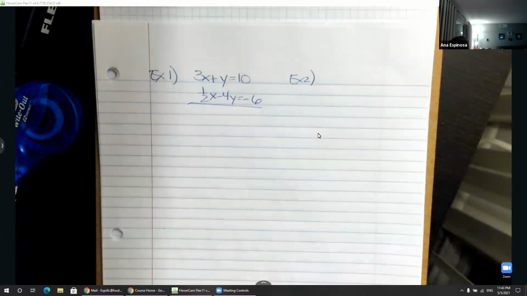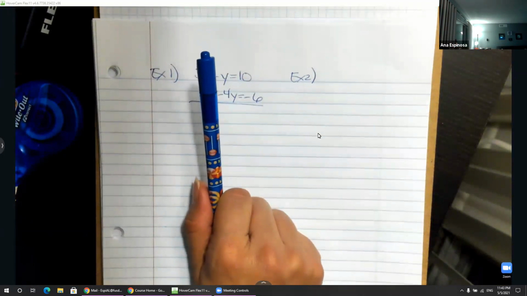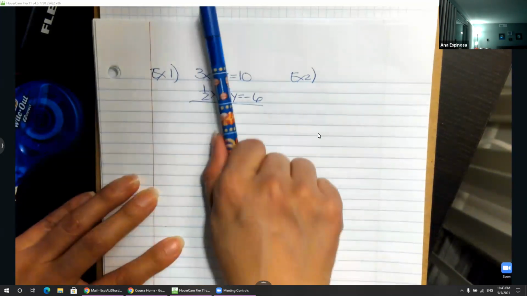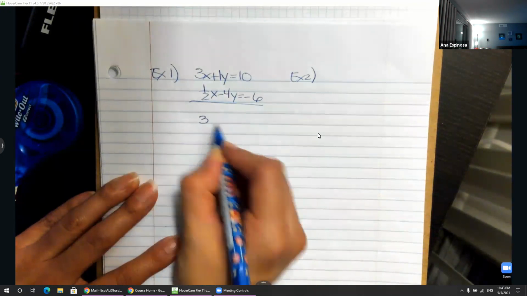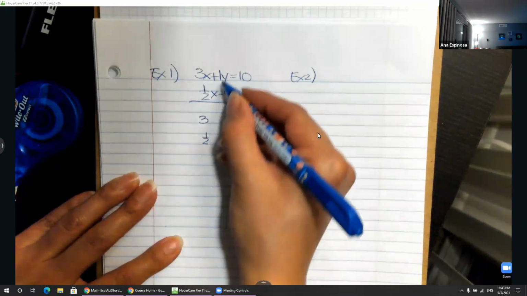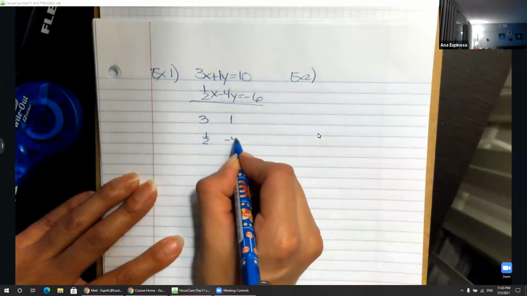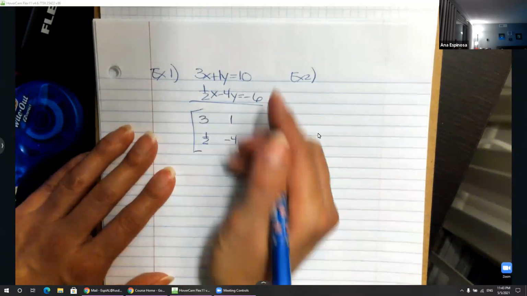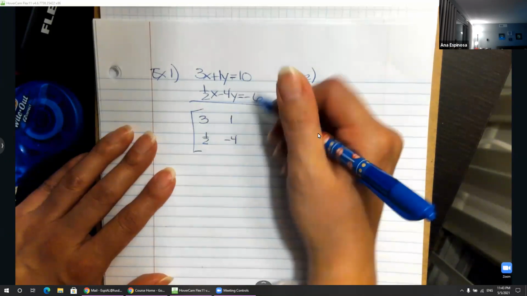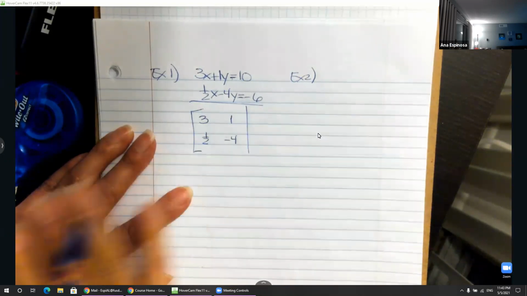So matrix form means in your head, you're going to remove the x's and y's. So you're just going to pull the coefficients. I get 3, half, 1, -4. And you put that in a big bracket. The equal signs are going to be this vertical line.